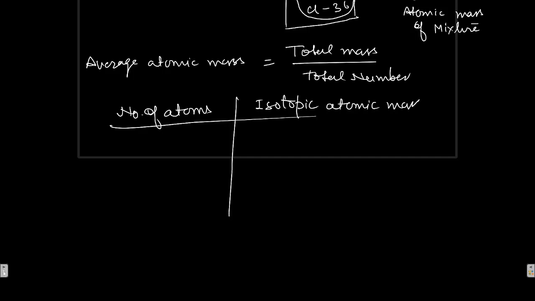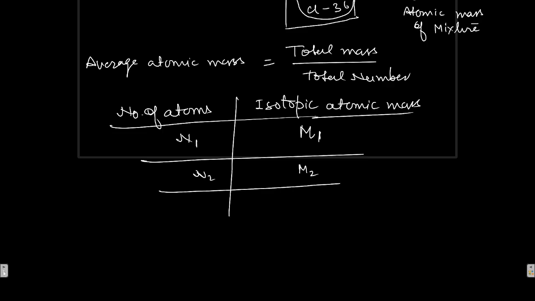It means the isotope whose atomic mass is M1 and its number of atoms is N1, and the atomic mass is M2, then the number is N2, atomic mass is M3, then number is N3.